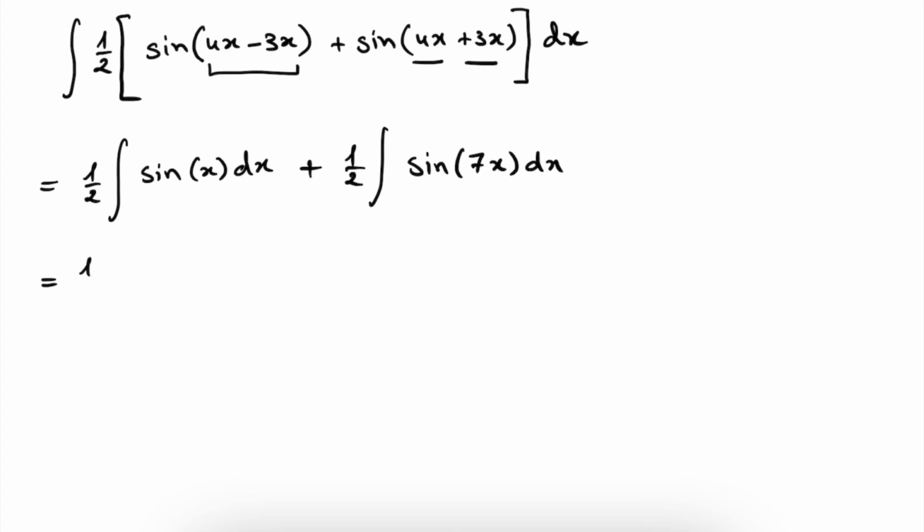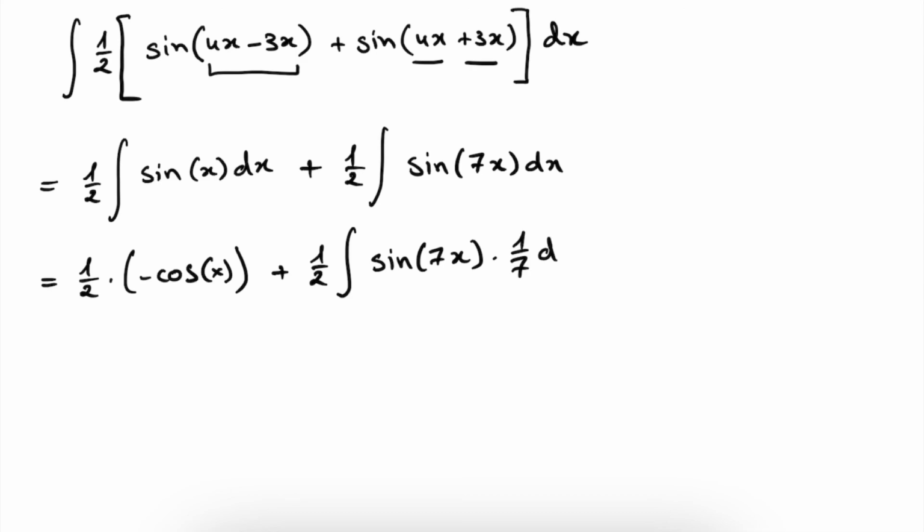So we have 1/2 times minus the cosine of x, because the integral of the sine of x is minus the cosine of x, plus 1/2 times the integral of the sine of 7x times 1/7 d of 7x. And this is basically a very quick substitution method.